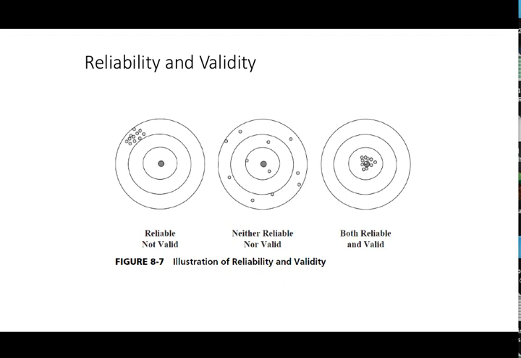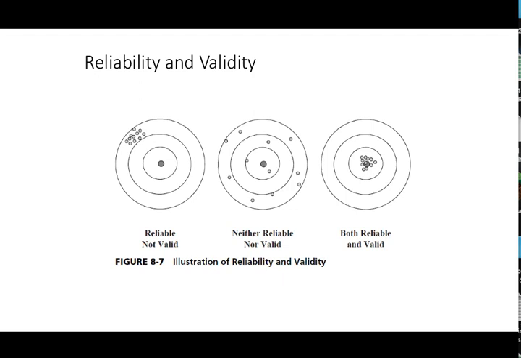The middle category shows that something is neither reliable nor valid. What that means is that it was scattered all over the place. There was no consistency in the way the instrument measured something, and no consistency in the way the arrows hit the bullseye. So not only are they not reliable, there's no way they could be valid.